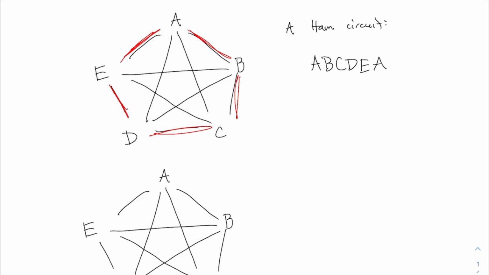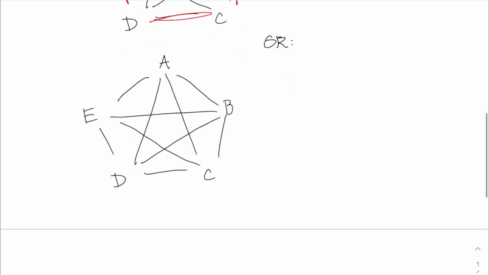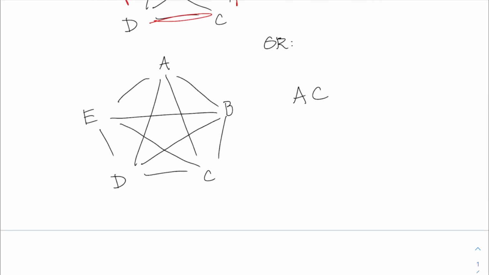Are there any other Hamilton circuits? Is there another way to visit every vertex without repeating any? I think so. How about something like A, C, B, D, E, A? That would look like A to C, C to B is this one, B to D is that one, D to E, and then E to A. That is also a Hamilton circuit.